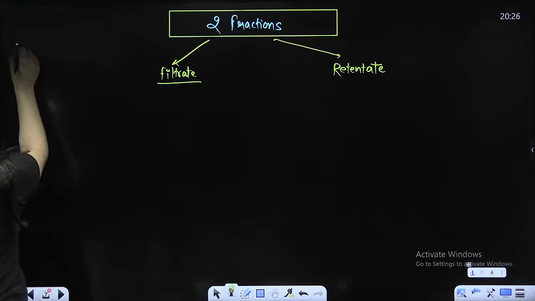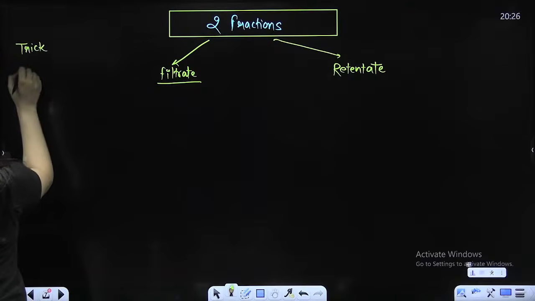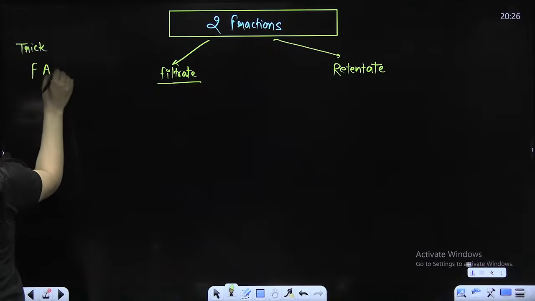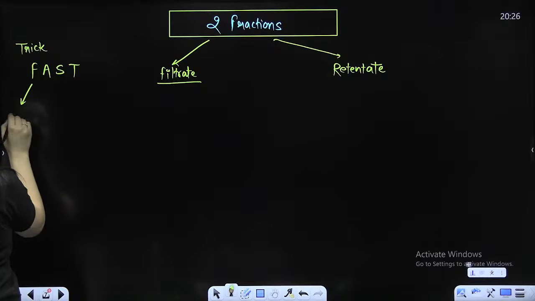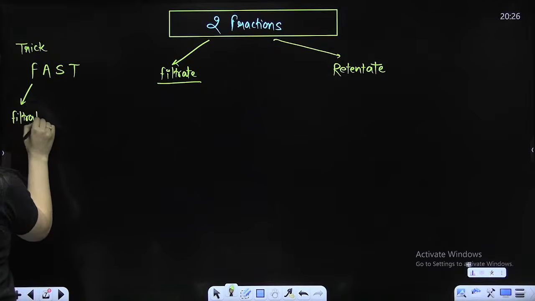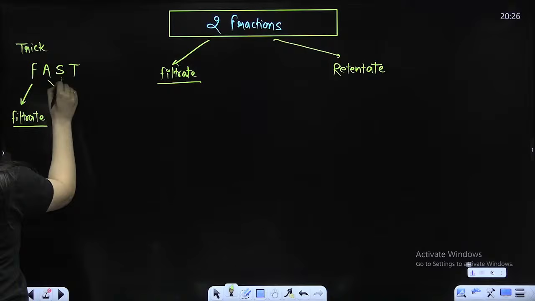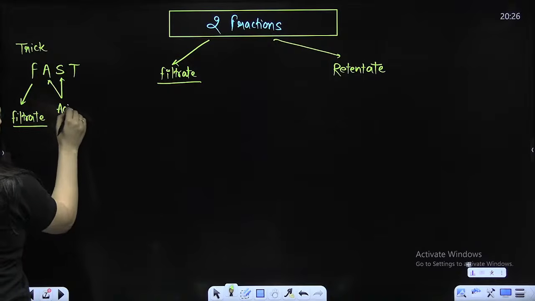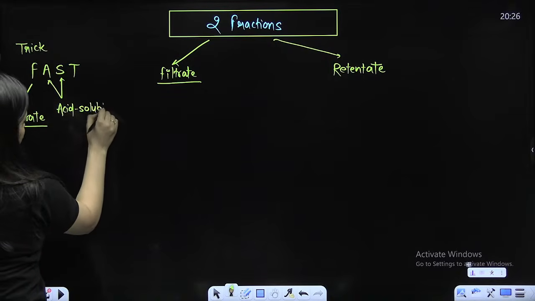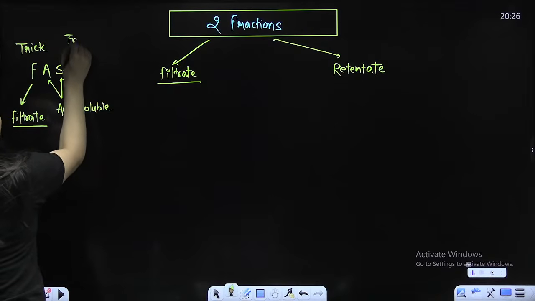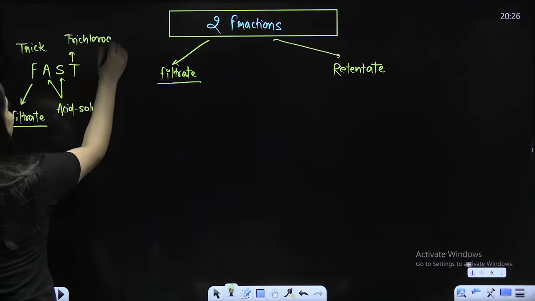Do remember one trick, beta. What is that trick? The trick is FAST. What does it mean? F stands for filtrate, AS means acid soluble, and from T you can remember the chemical, trichloroacetic acid.